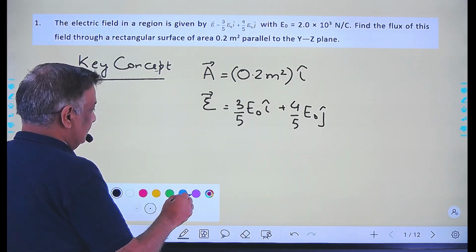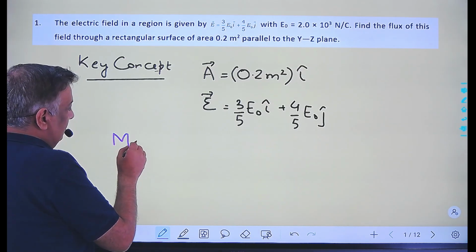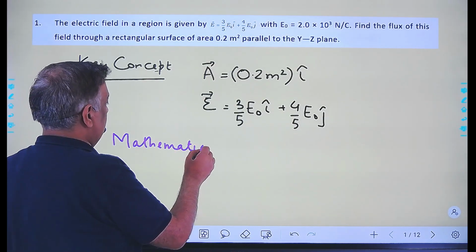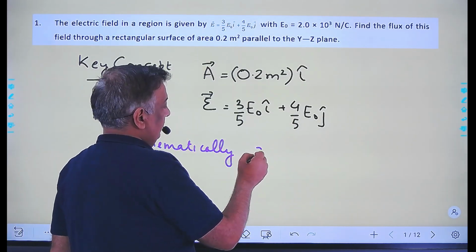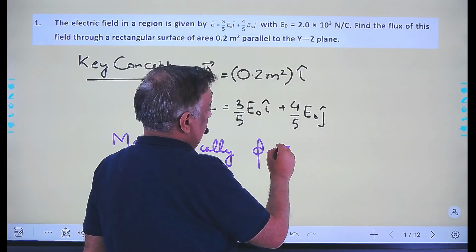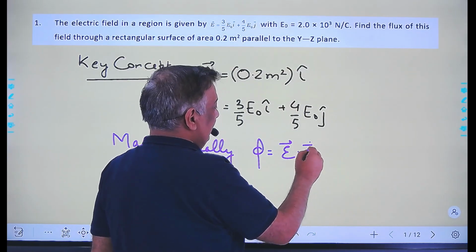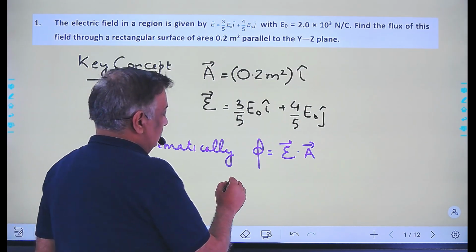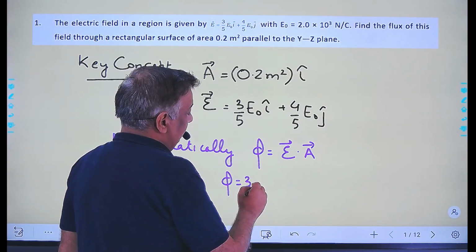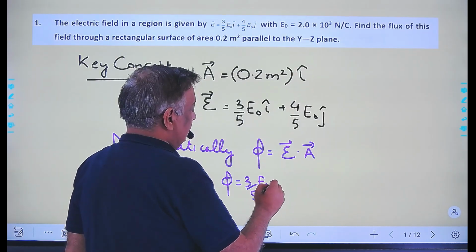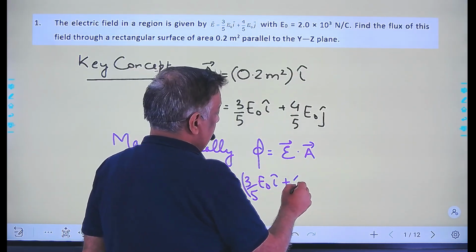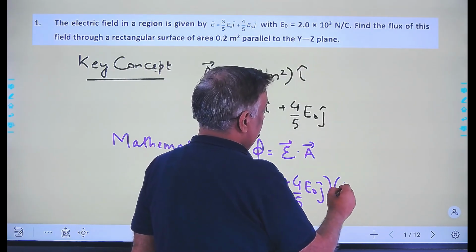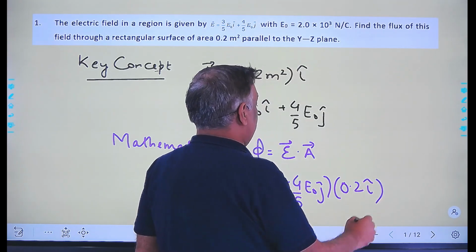Mathematically, flux is its dot product of electric field and area vector. So 3 by 5 E naught I cap plus 4 by 5 E naught J cap and 0.2 I cap.